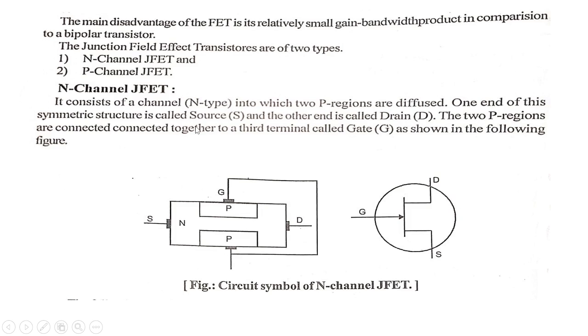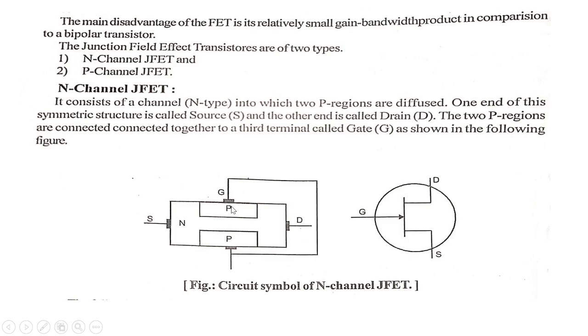It consists of an N type channel into which two P regions are diffused. See in the figure, that is an N channel JFET. Here two P regions are diffused.